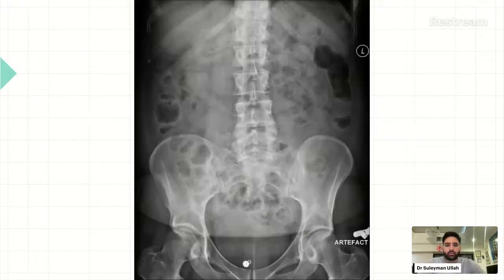Okay. So tell me, this is the same patient. This was their abdominal X-ray. Can anyone tell me any findings on this abdominal X-ray? Is there anything that suggests any pathology in this X-ray?